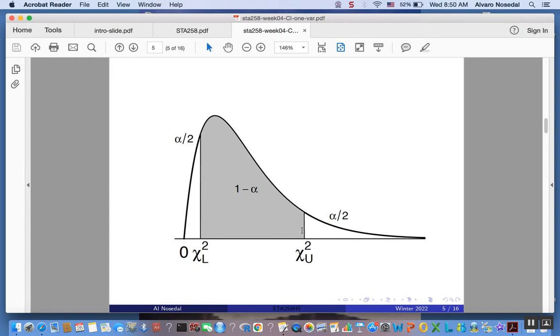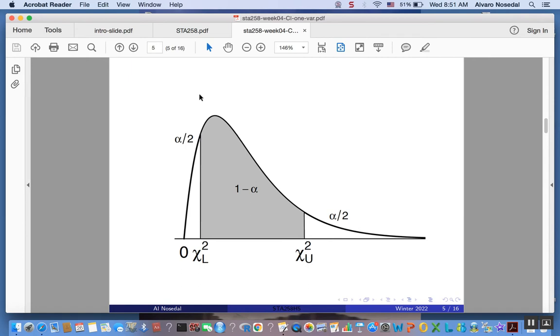Note that for instance, you could have 1 minus alpha, right? If you started from 0 and you reached a point where the area to the left is 1 minus alpha, right? But that is not what we want, okay? So anyway, we are going to find chi-square sub L and chi-square sub U using that idea of having an area of alpha divided by 2 to the left of chi-square sub L and an area of alpha divided by 2 to the right of chi-square sub U, okay?